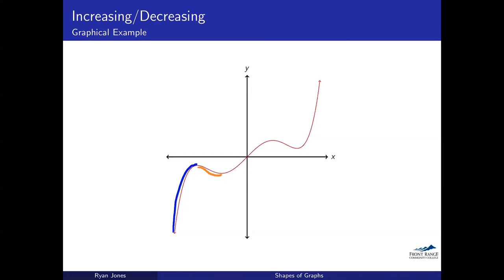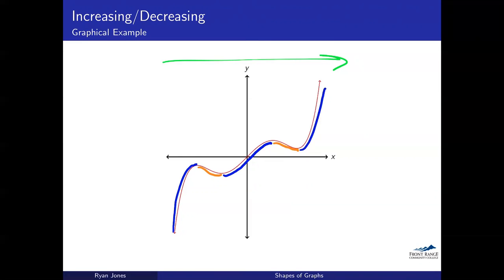And so you can see right here where I'm currently drawing the blue, that's just saying as my x gets larger, as I move from left to right for my x, my y is increasing. It's going up. It's also getting larger. So on these blue sections, we're seeing exactly that. We're seeing the y values get larger as I move from left to right.